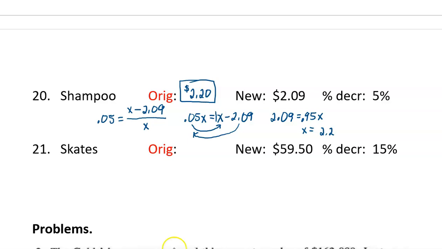And now number 21, same idea about the skates. So 0.15, that's the 15%, is equal to x in the bottom and x minus 59.50 in the top. Multiply the x to the left side.